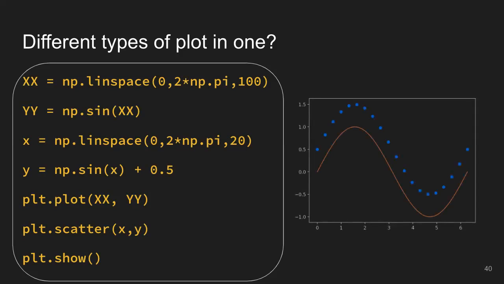On y, we put an offset of 0.5. So they're the same plot, but we've put 20 points because it's easier to see the different points. If there were 200, it would look very similar because the points would be very close together. And as you can see, everything up to plt.show will be shown on the graph itself. If you wanted to make 2 separate plots, you would go after plt.show and write a new plot again.